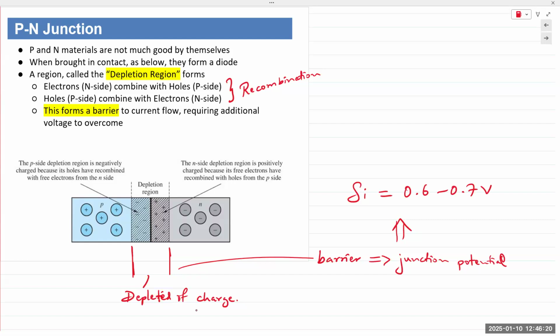Remember, last class I stated, we have linear devices and these are non-linear devices. You keep on increasing the voltage, but the current does not increase linearly with that voltage. And so if you apply 0.2 volts to a silicon diode, current would be 0 because of the junction potential.